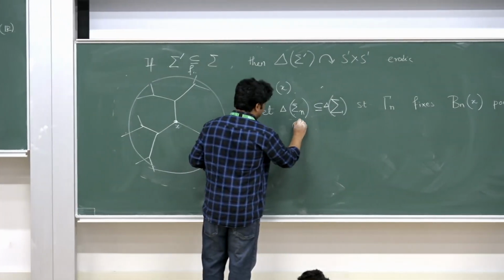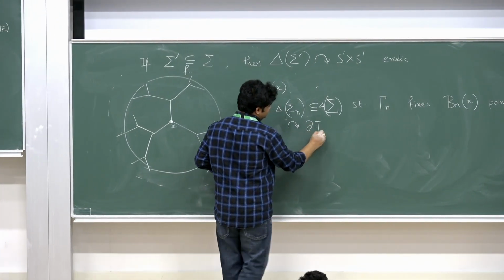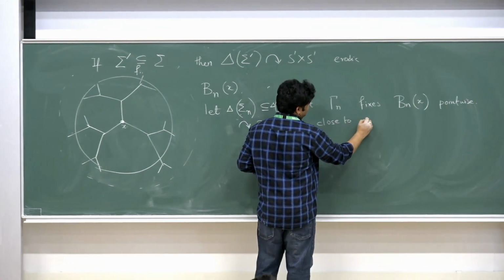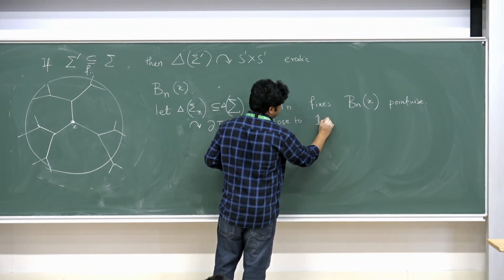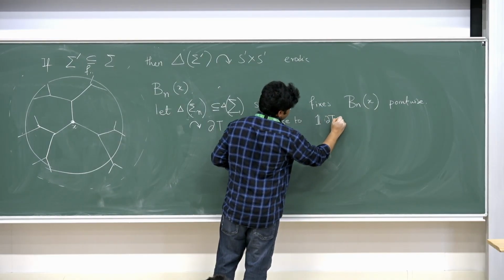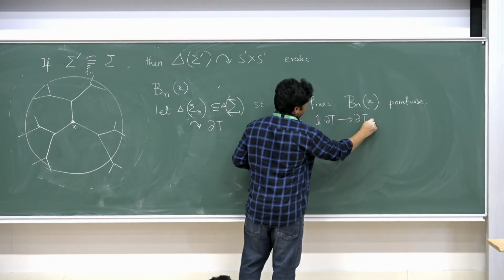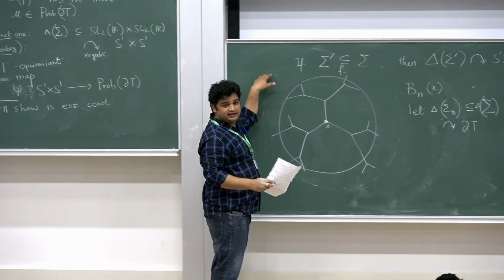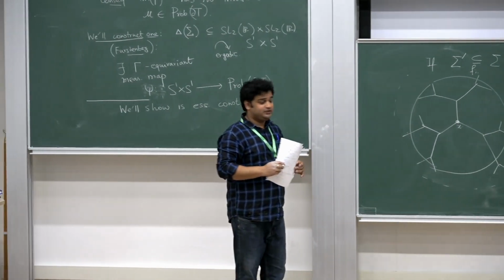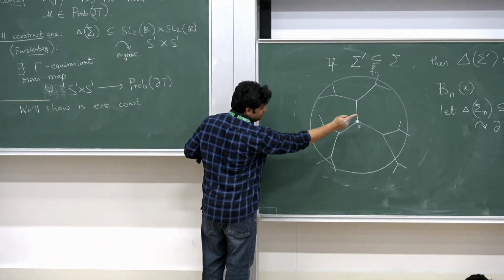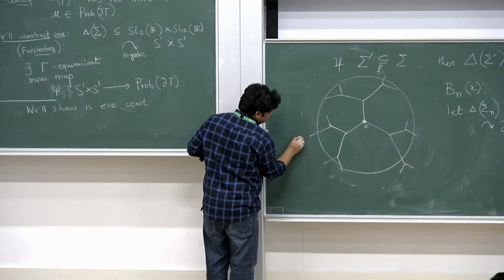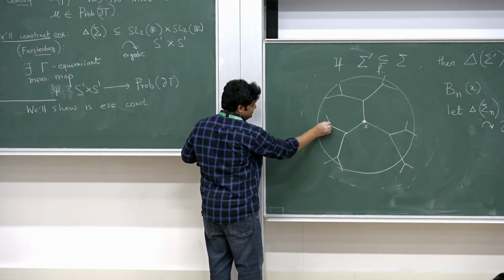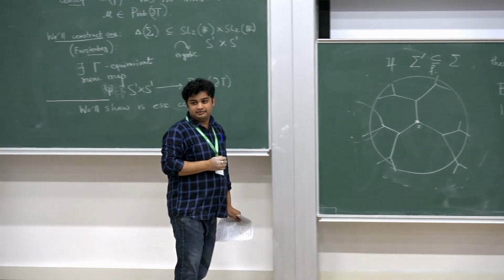So this action on the boundary of the tree is close to the identity map on the boundary. This makes sense because when we look at a very, very large ball, the boundary is fully stabilized, right? If we look at some point here and apply an element of sigma n, this point cannot go here. It can only stay on this branch here.